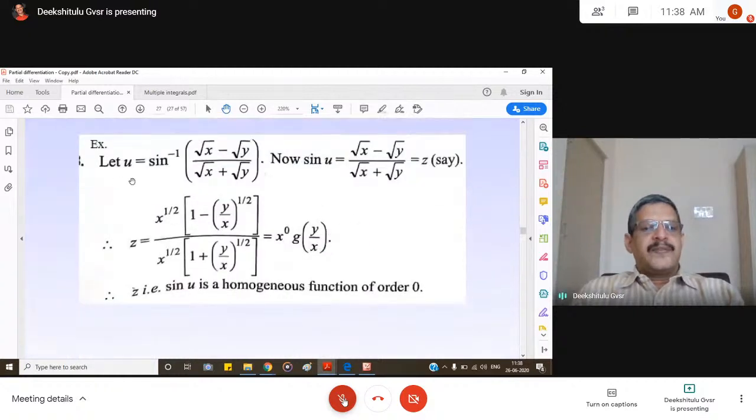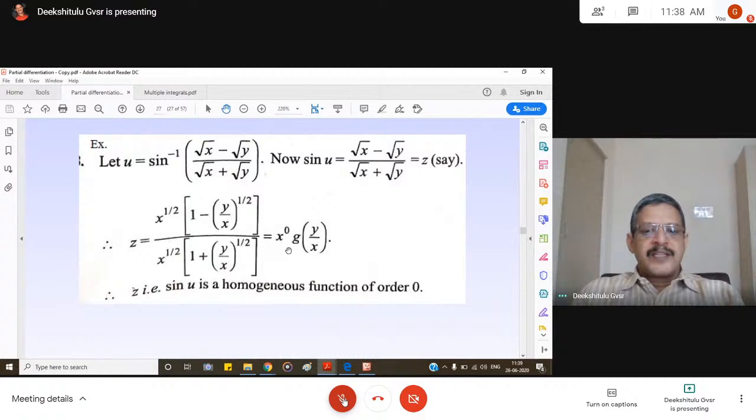Let us say u is equal to sine of square root of x minus square root of y by square root of x plus square root of y. If you take root x common, x power 1 by 2, the numerator becomes 1 minus square root of y by x, and in the denominator also, if you take root x common, 1 plus square root of y by x. So this is a function of y by x.